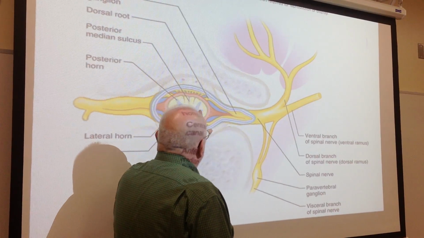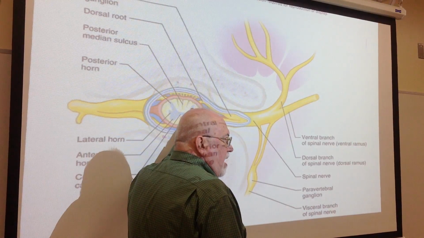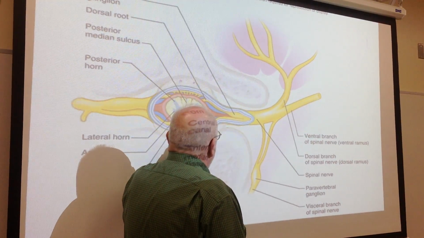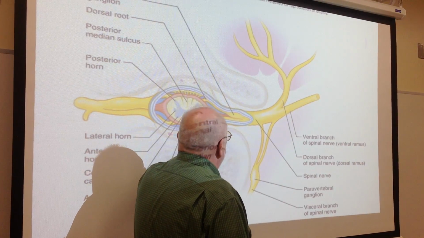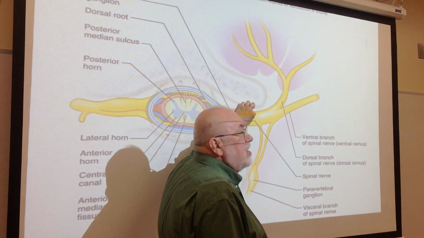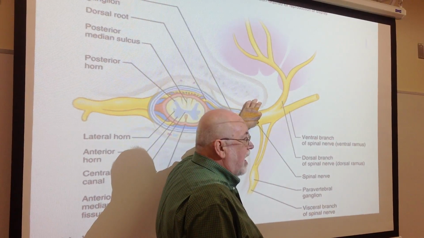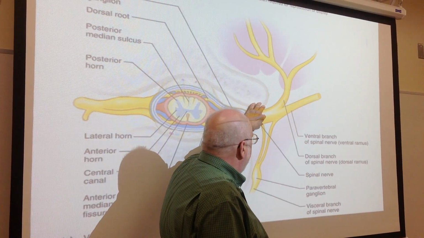All right, here we have the dorsal root ganglion, the dorsal root sensory info coming in. Here we would have the ventral root coming out. That's motor information. All right, here the two merge together as the nerve itself as it emerges from the vertebral canal, and then gives off the various branches.